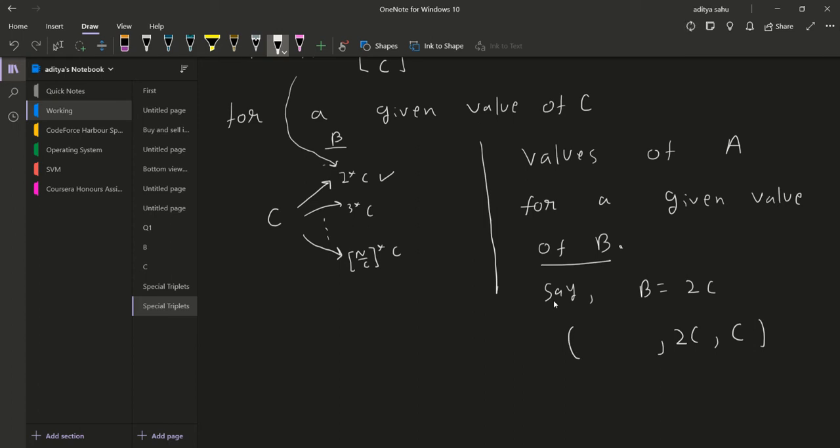And I told you before that we can write this a in terms of b like so: some integer I times b plus some c.